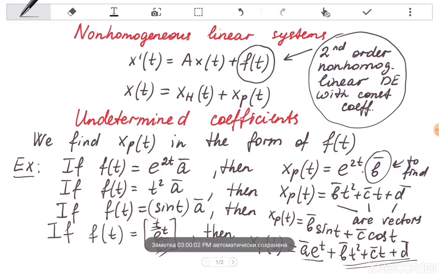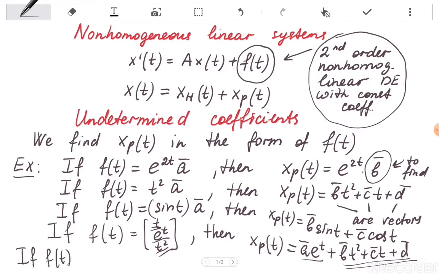For example, another example can be if our vector is t and sine t, then your particular solution will be, let me write it here, a linear function, so a t plus b, and also it must contain sine and cosine, so c sine t plus d cosine t.